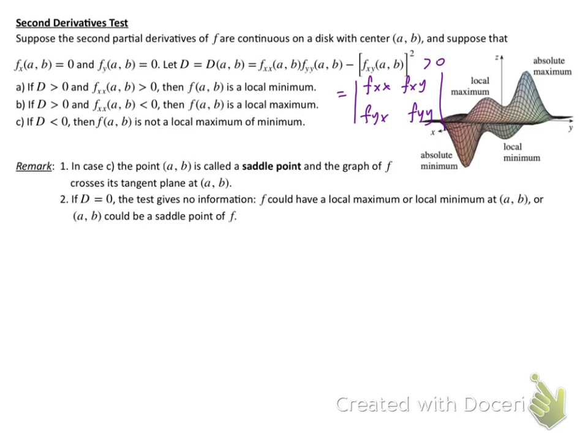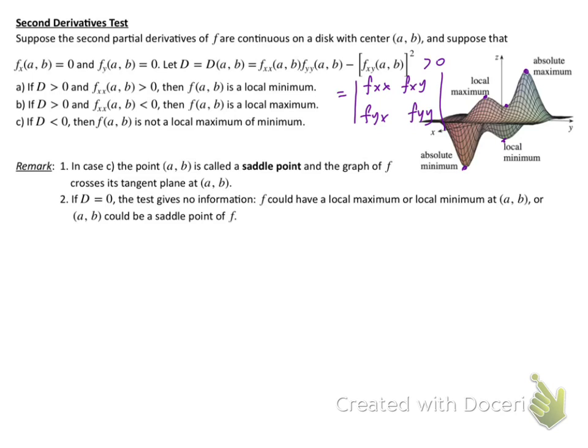So here I have this picture where this is a local maximum, this is a local maximum, this is a local minimum, this is a local minimum. But there are points like this point: if you look at its left and right, it's the lowest, but if you look at its front and back, it's the highest.